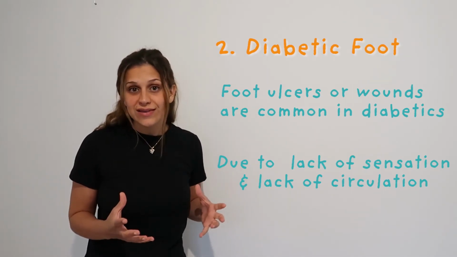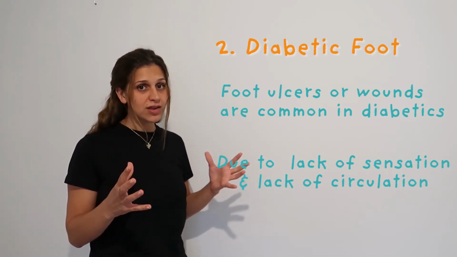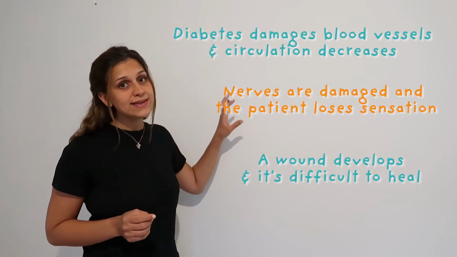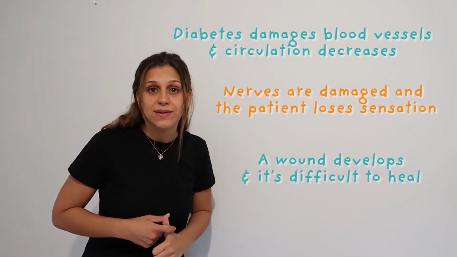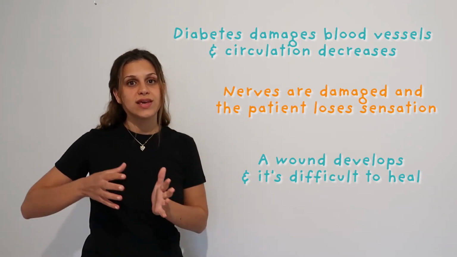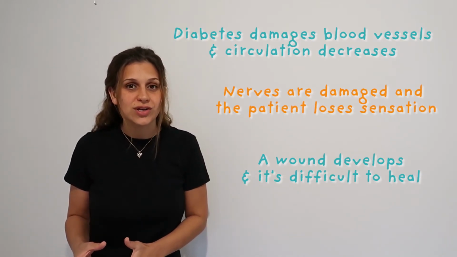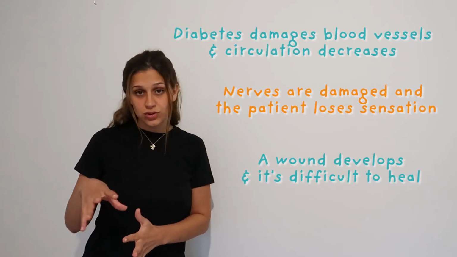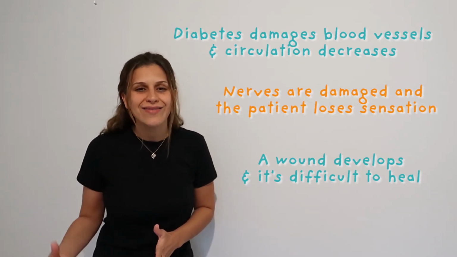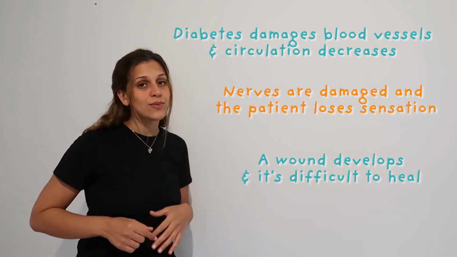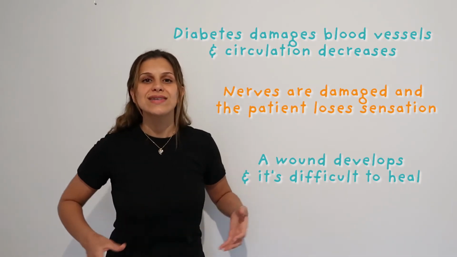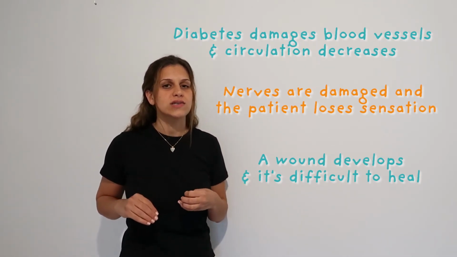So pairing it all together, it goes something like this. So diabetes causes damage in the blood vessels. The blood vessels do not give enough oxygen to the extremities, the nerves, so the nerves do not have a good sensation. Pairing that with a bad circulation is going to give us the best recipe for disaster, okay?